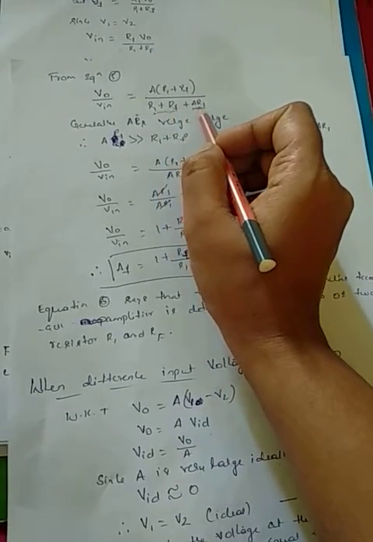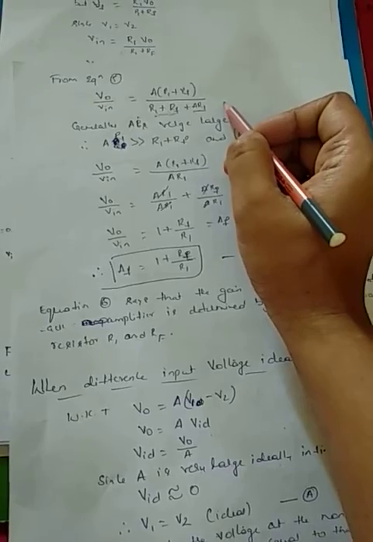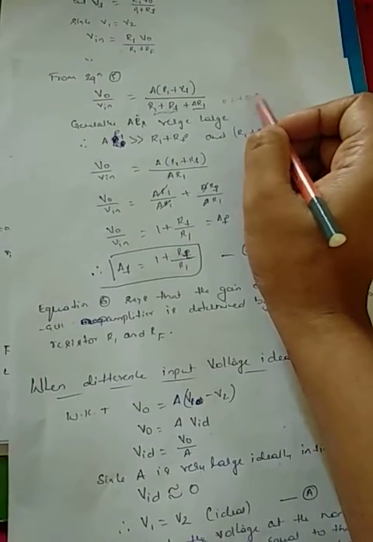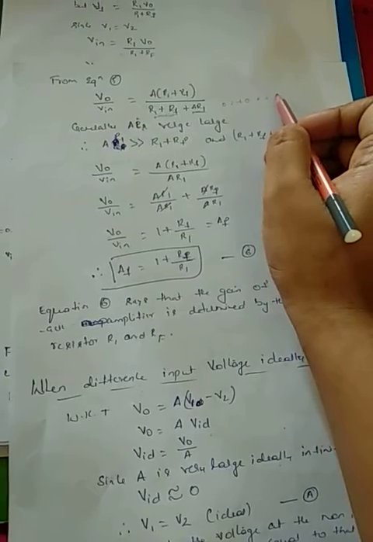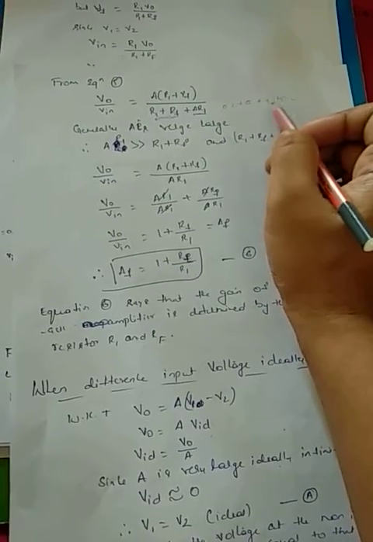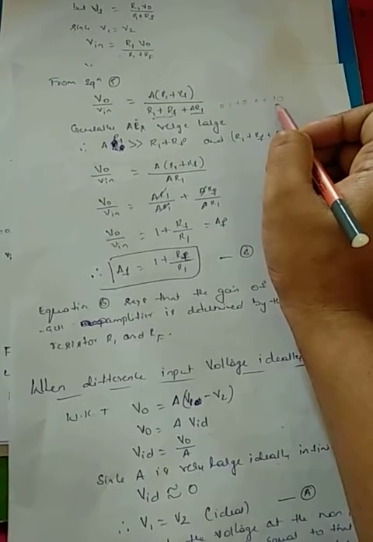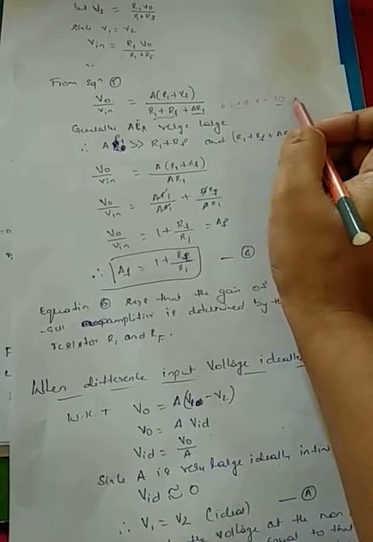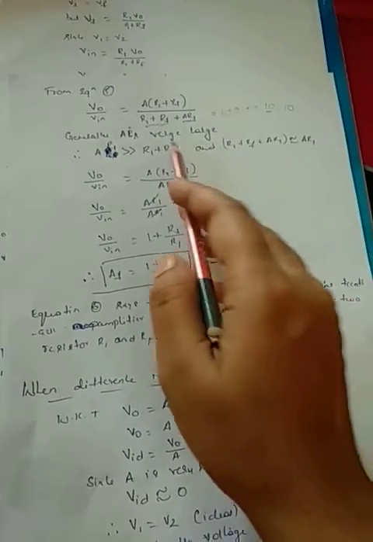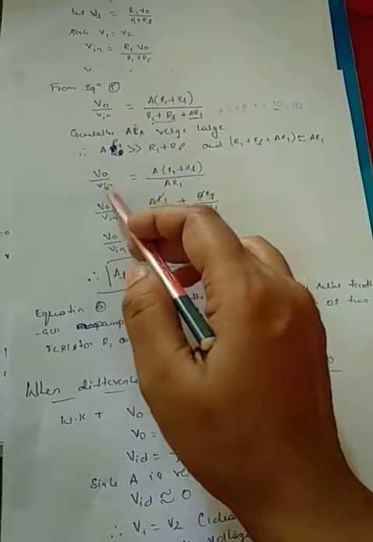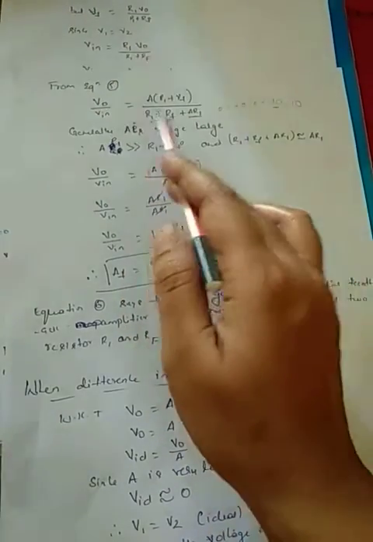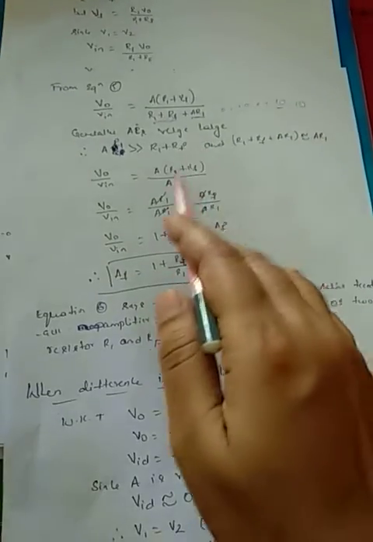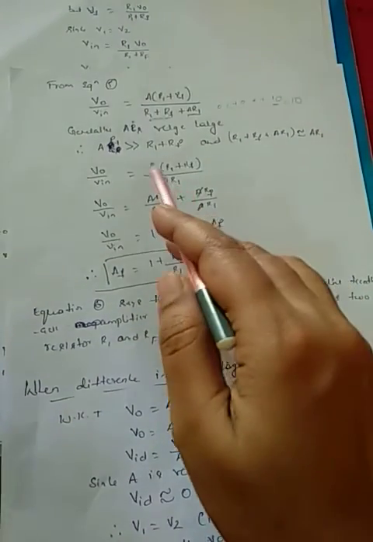Suppose R1 is some 0.2, Rf is some 0.4, and A R1 is something like 10. Compared to this 10, these two terms are very small, so we can approximately write it as 10. That is why we have represented this term by only A R1.